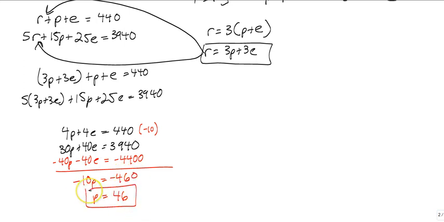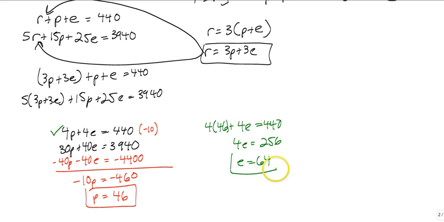So I have P now. Now I could plug that back into this equation right here. You can pick any equation really that you have. 4 times 46 plus 4 times the elite equals 440. 4E is equal to 256 when you move that over, and E is equal to 64.